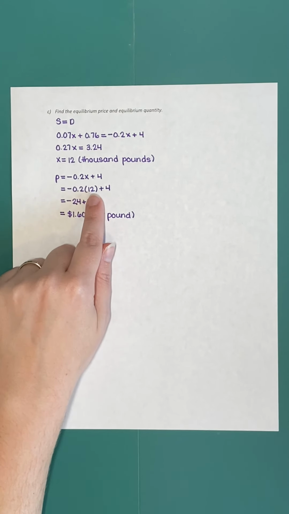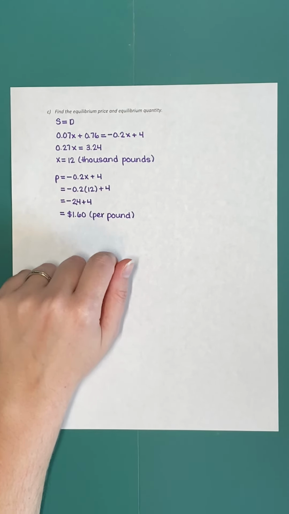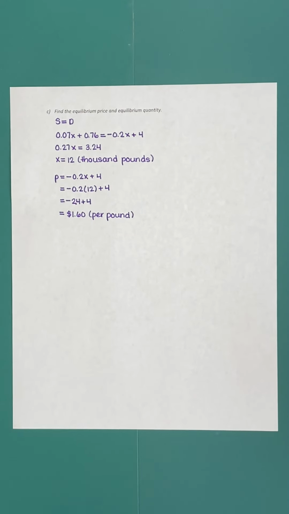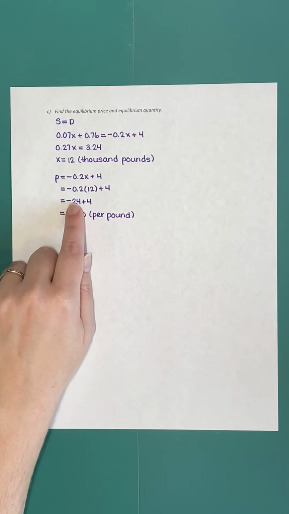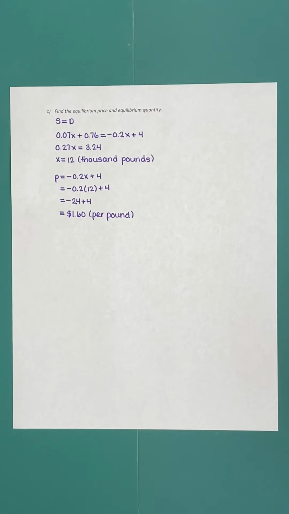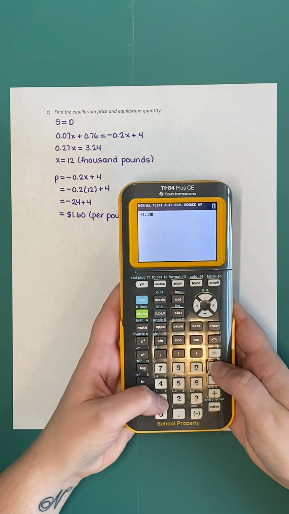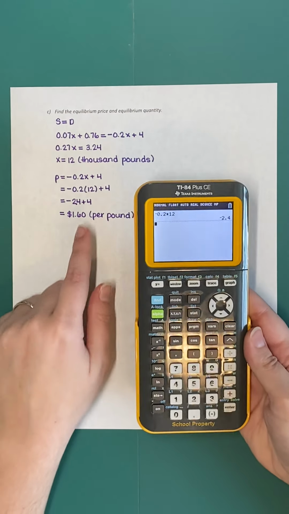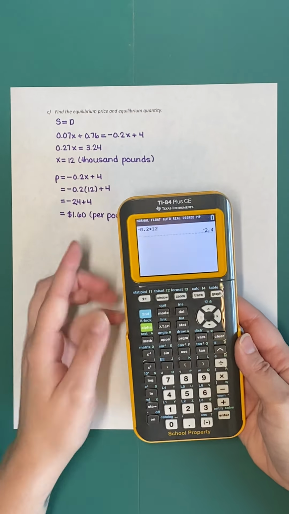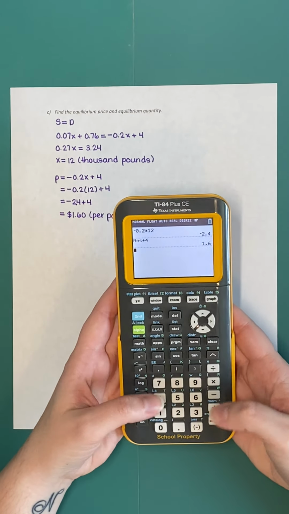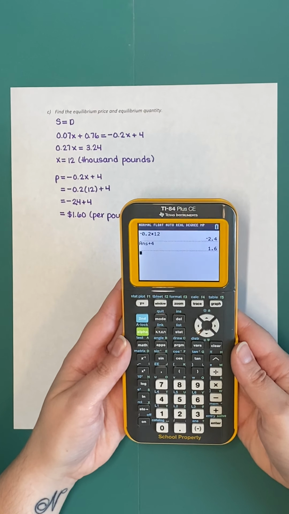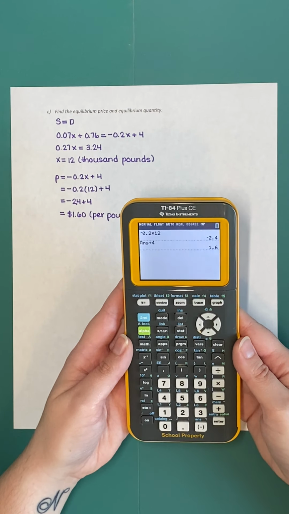So x is defined as being 12 based on our relationship where supply and demand are equal. So I'm going to substitute in 12. Negative 0.2 times 12 is going to be negative 2.4. That's not a 24, that's 2.4. Let's verify that. Negative 0.2 times 12, okay, negative 2.4, and then we're adding 4 to that. And that is going to be 1.6. Now again, we need to put it in context.